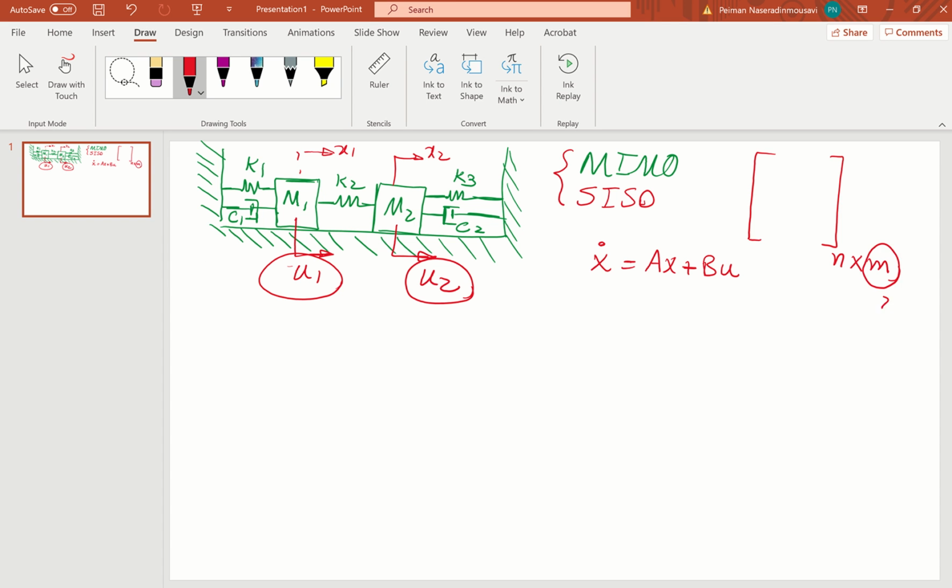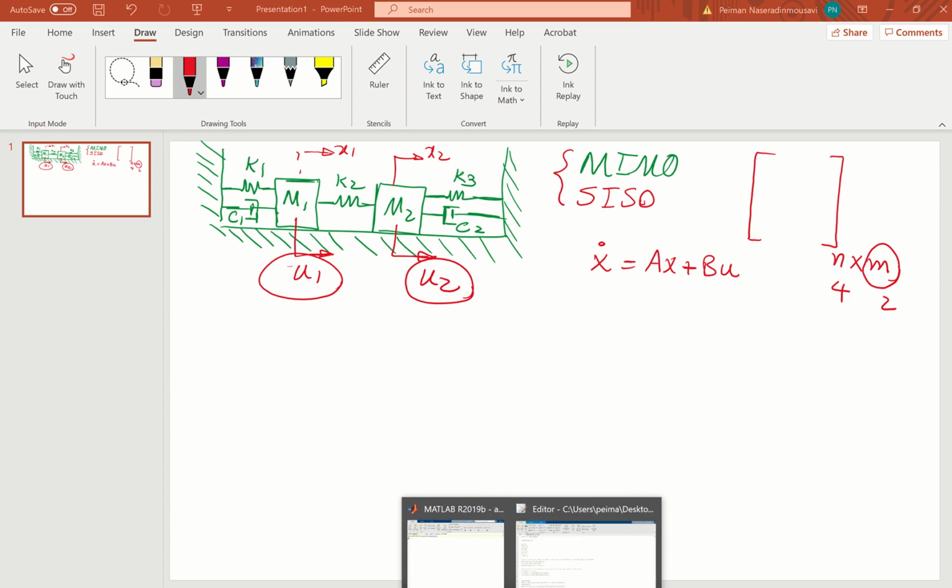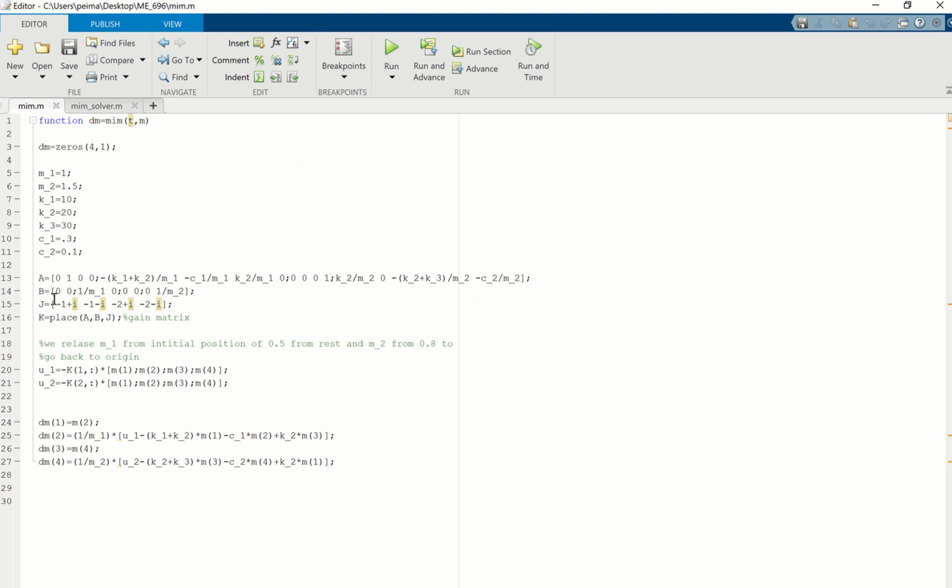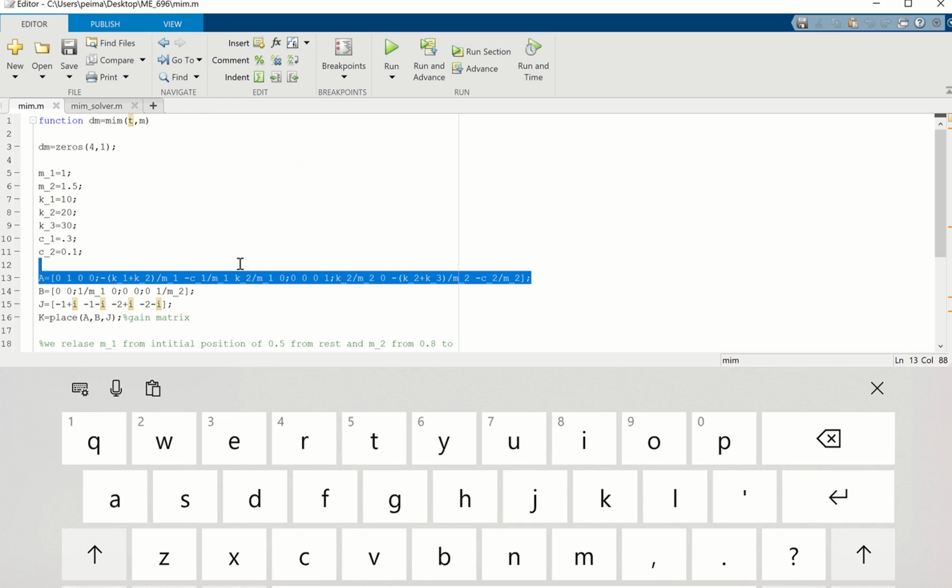So here there are 2 inputs, and for this 2 degree of freedom, fourth order system, it's going to be 4 by 2. Remember, look here in the code, refreshing your mind, this is your B: 4 rows and 2 columns. I'm talking about this, okay? And obviously A is 4 by 4, because you have 4 state variables.